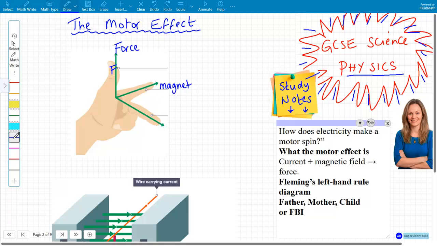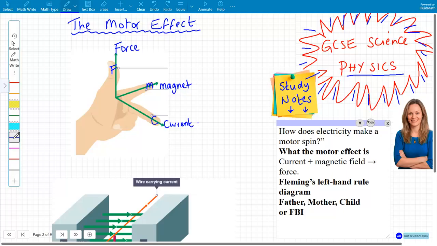Okay, and so that would be M, and then your middle finger represents the current, which we can also call I for intensity, but the current, which is going to be C, I'm going to say it's C.